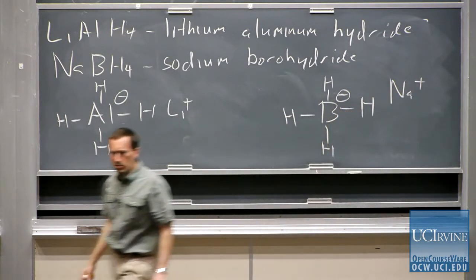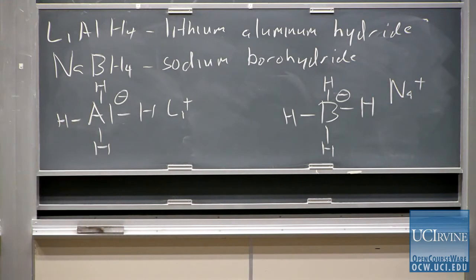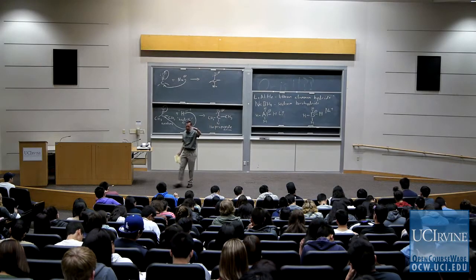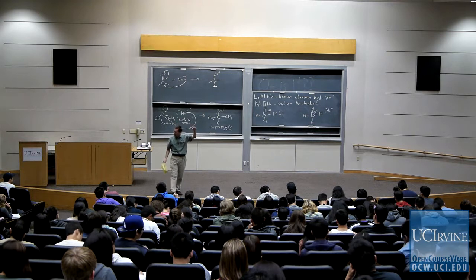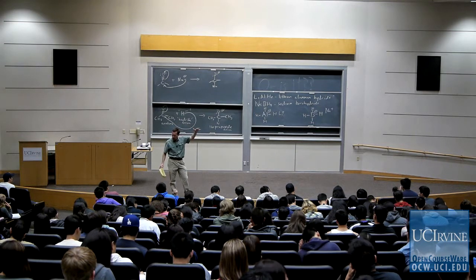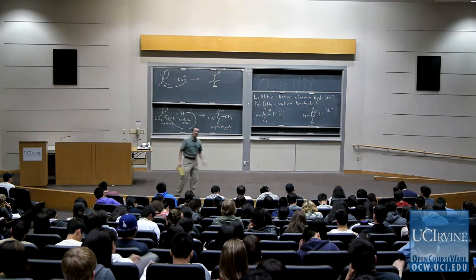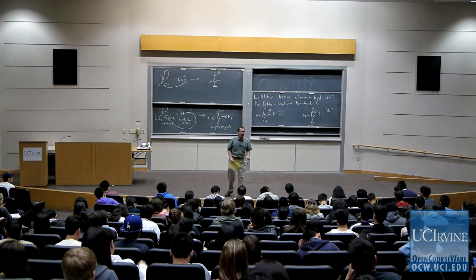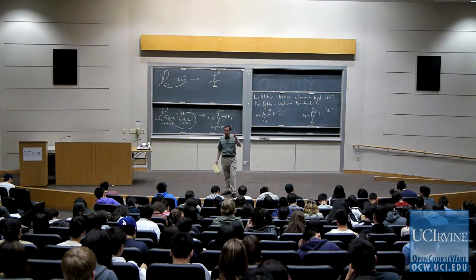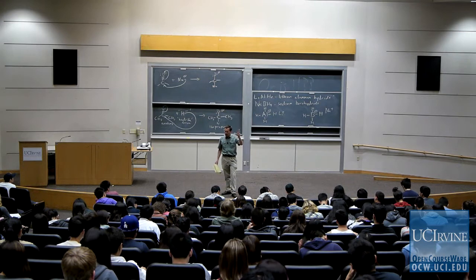You'll notice these structures are related. Boron is above aluminum in the periodic table, so in many ways they have similar properties. They differ in that aluminum is more electropositive than boron.